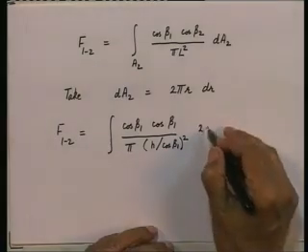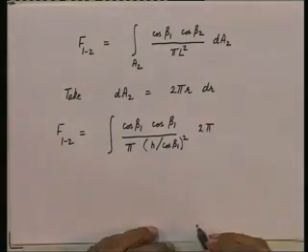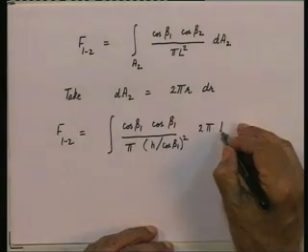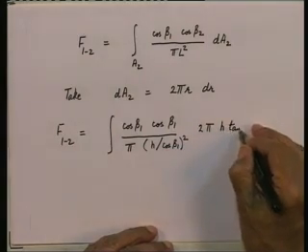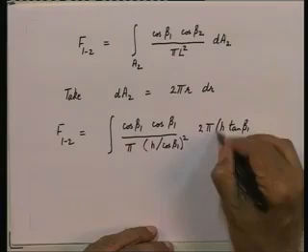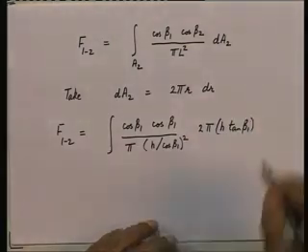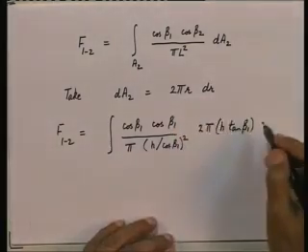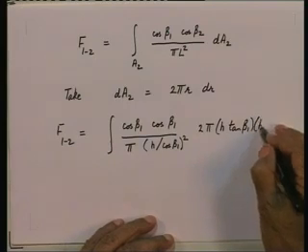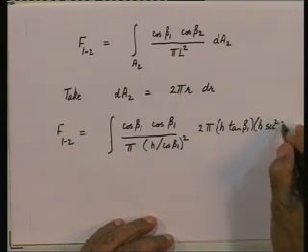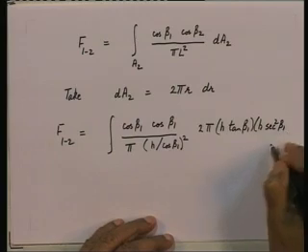And then for dA2 I will write 2 pi, for r I will write h tangent beta 1, that is r, and for dr, by differentiating h tangent beta 1, I will get h secant squared beta 1 d beta 1.